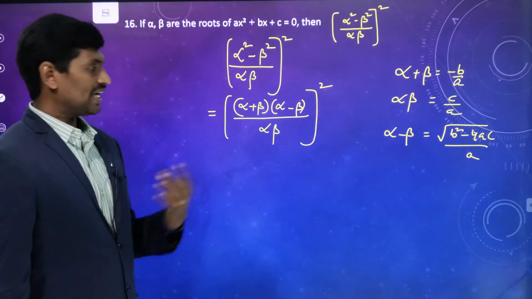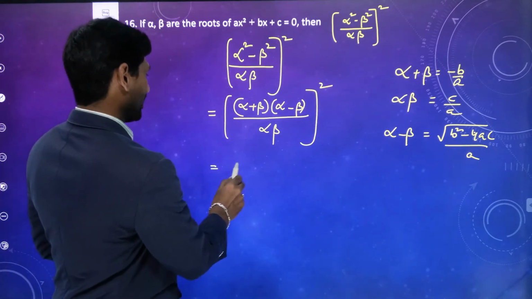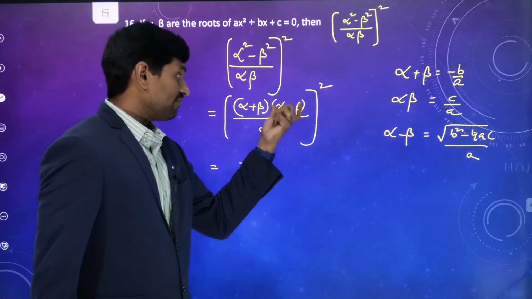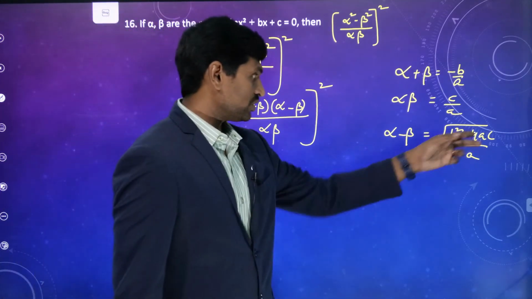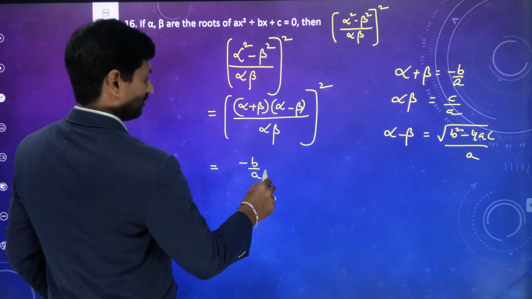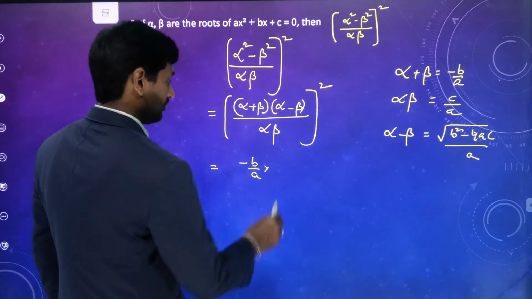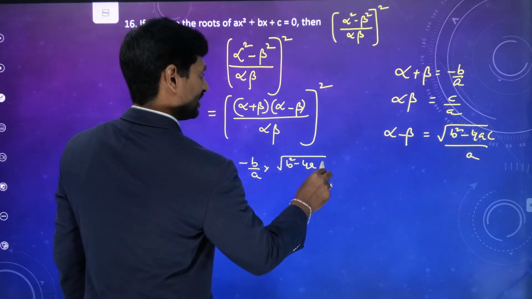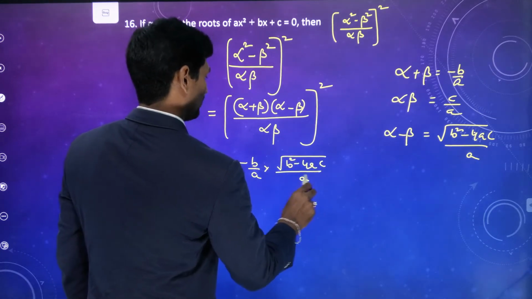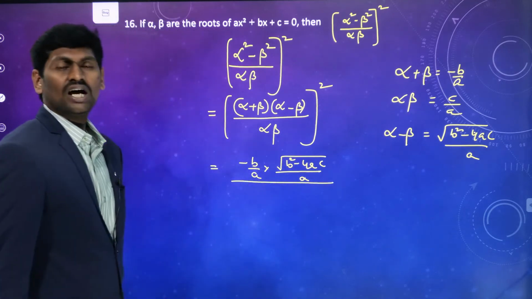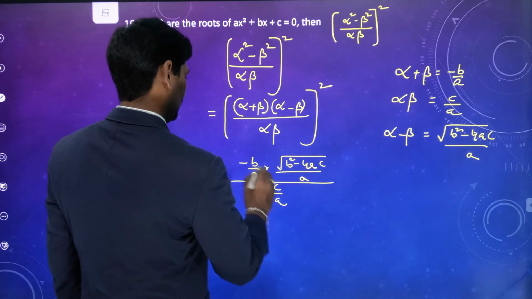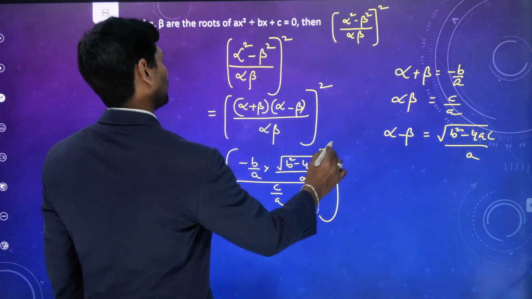Substitute the values. Alpha plus beta value is minus b by a. And alpha minus beta value also we know that by their symmetrical form, root over b square minus 4ac by a, whole divided by alpha beta, c by a. Just I substitute the values, nothing else.